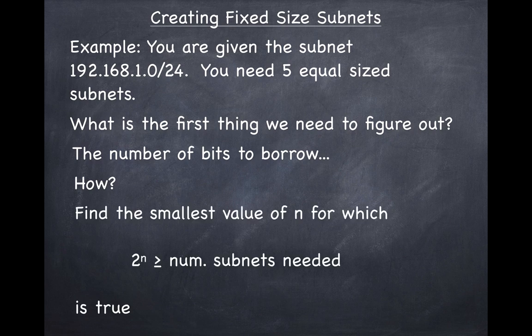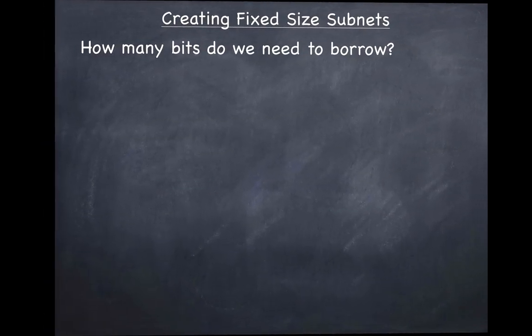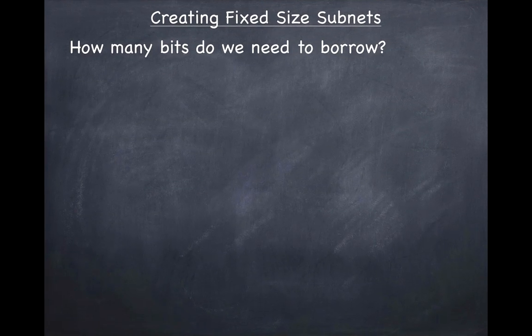We find the smallest value of n where 2 to the n is greater than or equal to the number of subnets needed. So how many bits do we need to borrow?